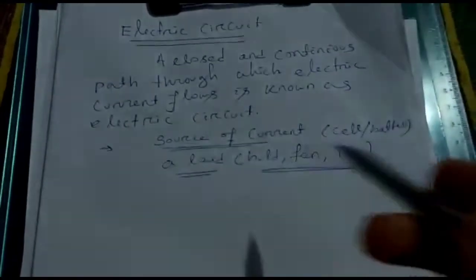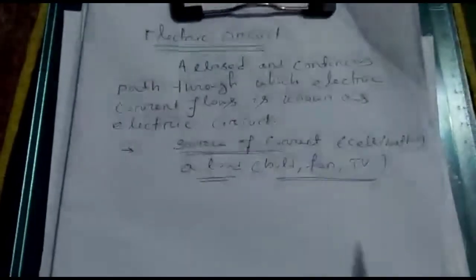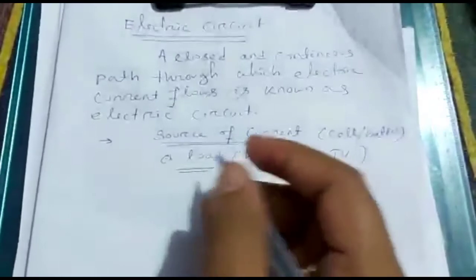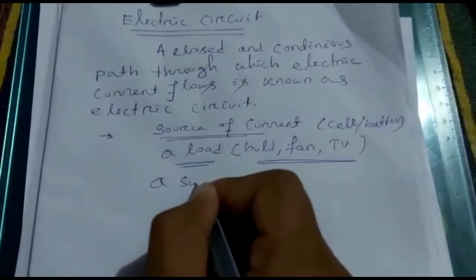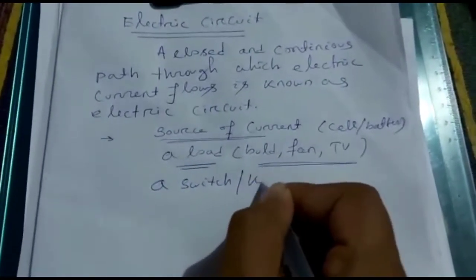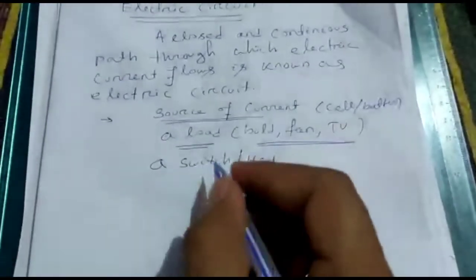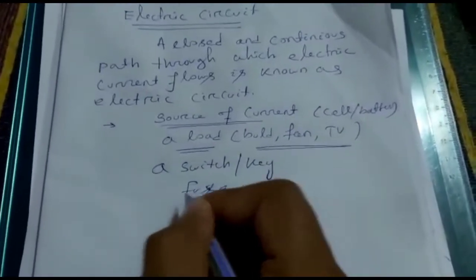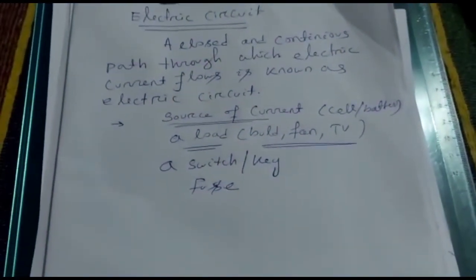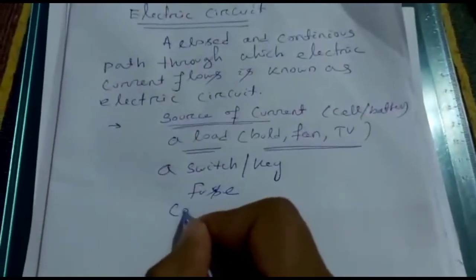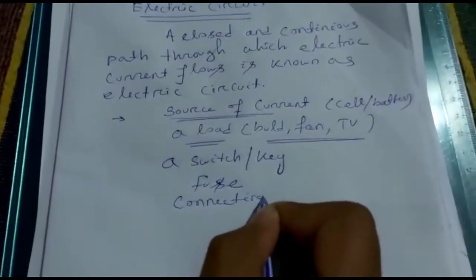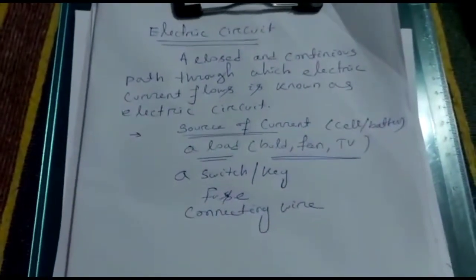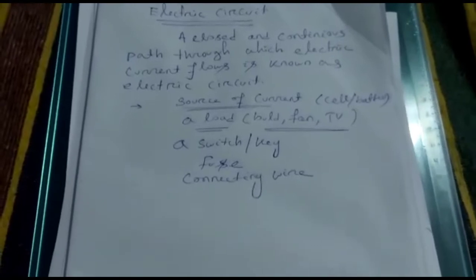In the electrical language, the appliances which we use for the electricity are known as the load. Okay. Then a switch, or you can say key, and fuse. Okay, so these are the instruments. Another important instrument is connecting wire. So these are the important instruments which we generally use for the electric circuit.